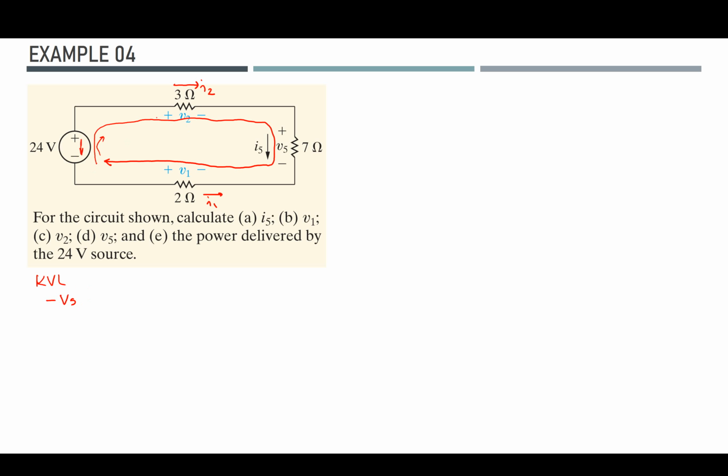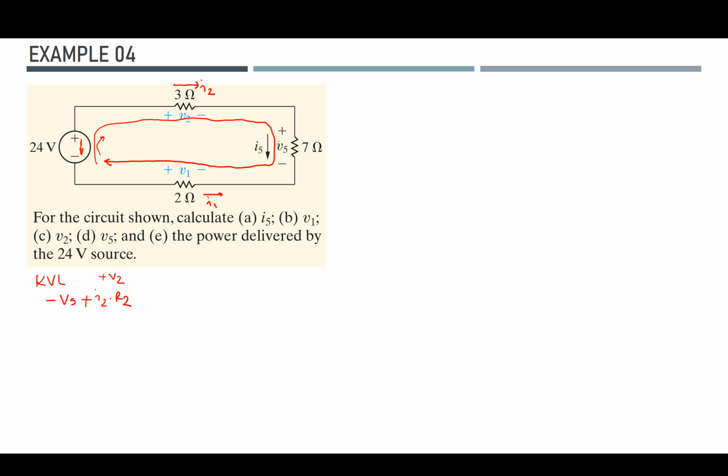So since I see the positive terminal first, I'm going to write it as a positive, and I2 times R2. This is the voltage drop across this resistor, which is actually plus V2, as you can see.